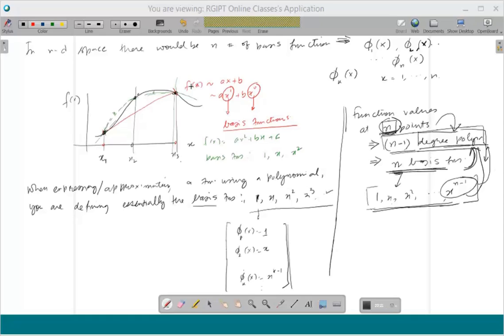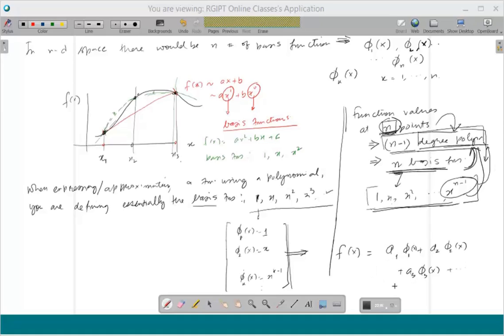Okay, all right. So what you do here is that any function you write, I can write down as a linear sum of these: a1 times phi 1 of x plus a2 times phi 2 of x plus a3 times phi 3 of x and so on.